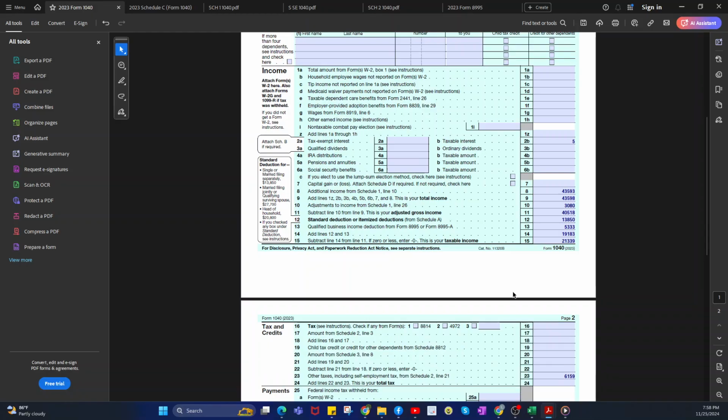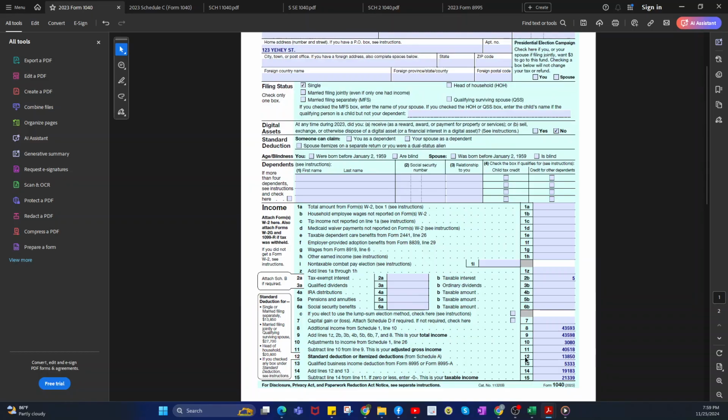If you have the tax software, it will auto populate how much is to be paid to the federal government, and it will also show here how much was the tax we paid for the self-employment tax.